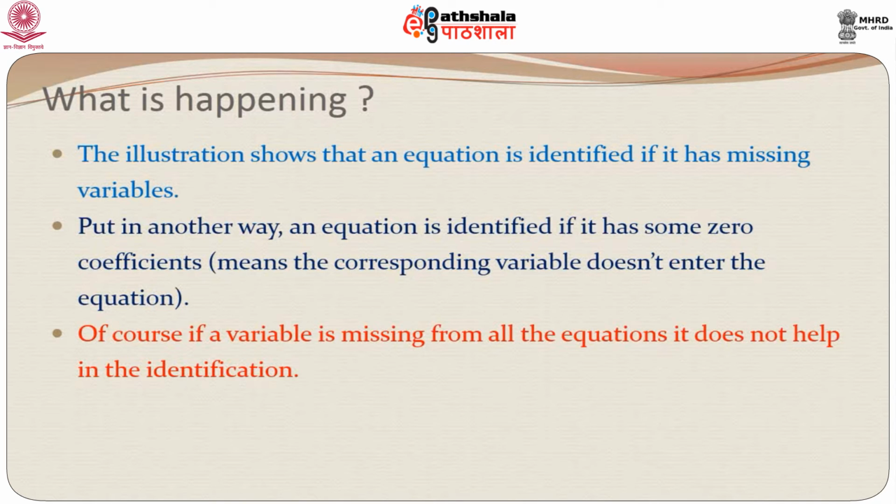Obviously, if it is missing from each of the equations, then the whole variable goes out actually. So, you just have g minus 1 variables or maybe k minus 1 exogenous variables, and it does not help in the identification. So, it must be missing in some and present in some, so that we can identify some of the equations with respect to the other equations.